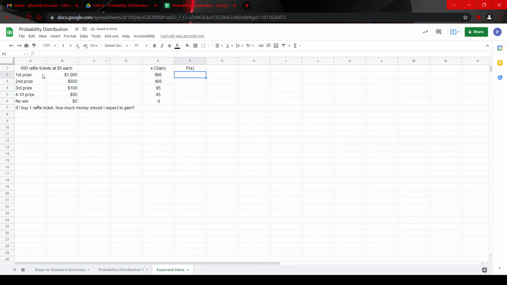Now for the probabilities, so there's only one first prize ticket. If there's only one first prize ticket, then the probability is one ticket out of 500 total, right? So it's equal to 1 divided by 500, which is 0.002. Second prize, we also only have one prize. So again, 1 divided by 500. Third prize, same thing, 1 divided by 500.